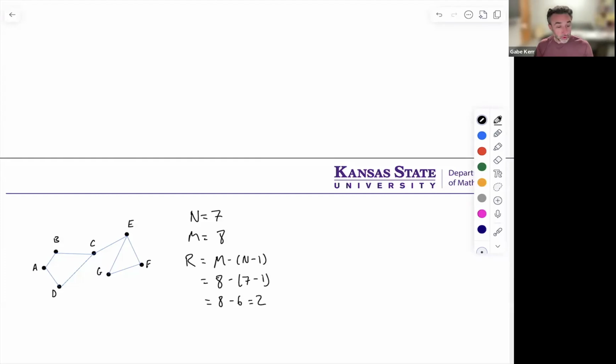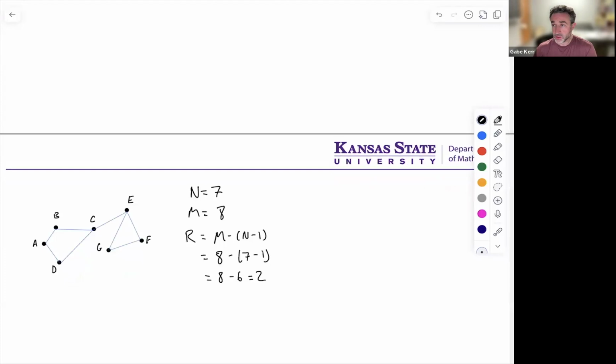So 2 is one more than 1. So we would expect this to be maybe one level slightly more complicated than the last case. But in some ways, it's not too bad. And the idea here again is to remove things that are not bridges, but also to keep things that are bridges.